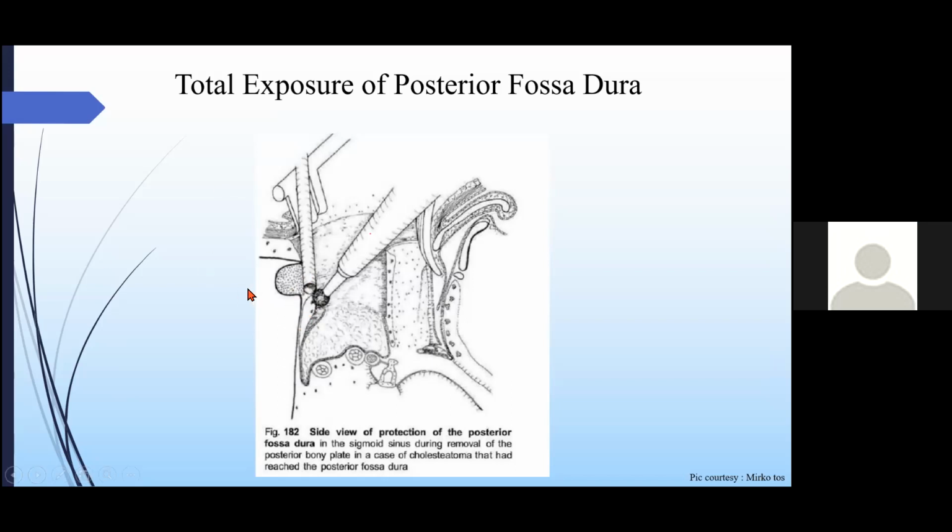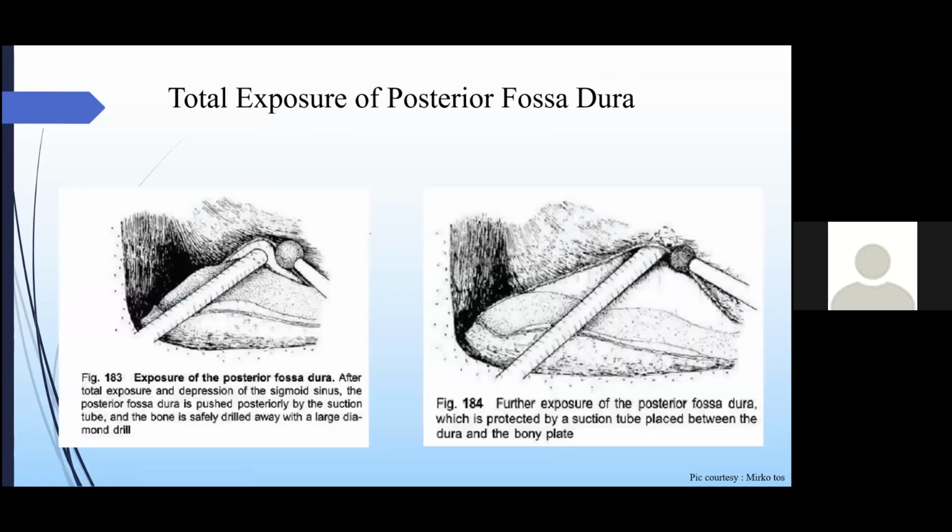So one has to expose the sigmoid, push the sigmoid posteriorly, and expose the posterior fossa plate, the bony plate, and we have to drill and remove all the cholesteatoma matrix so that the disease does not recur in the future.